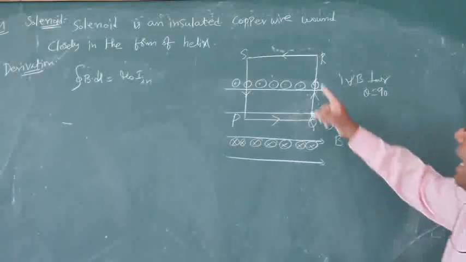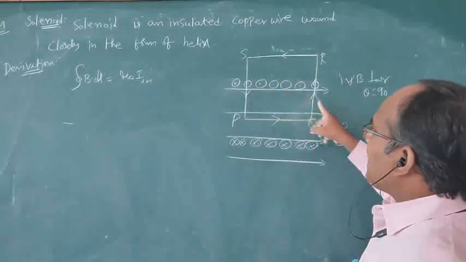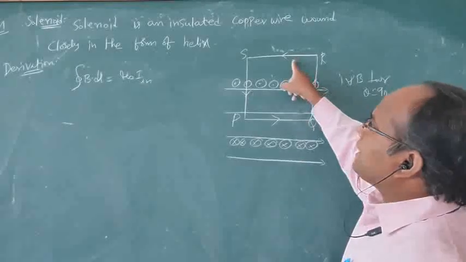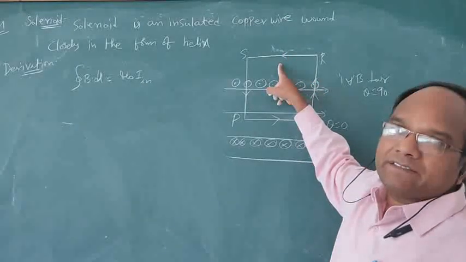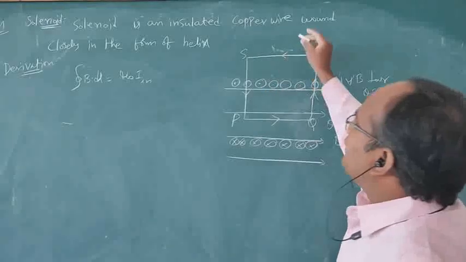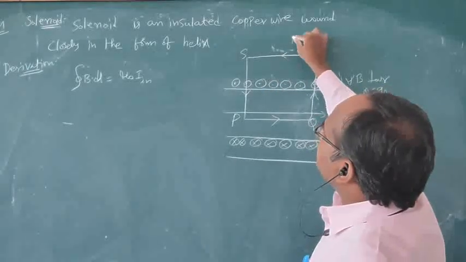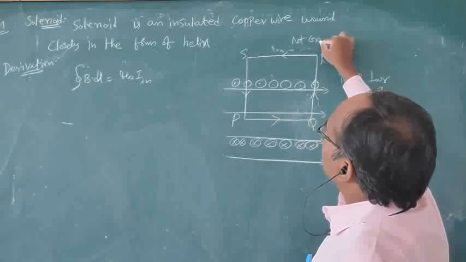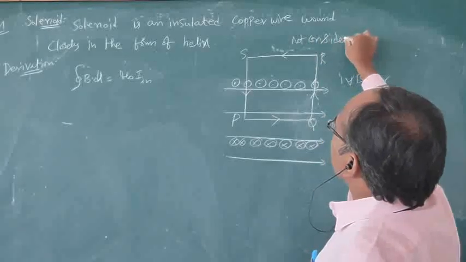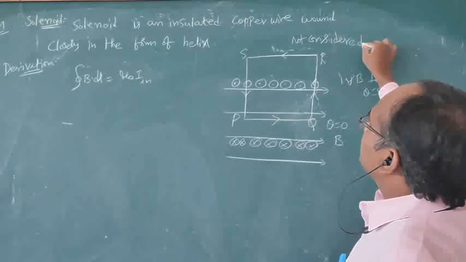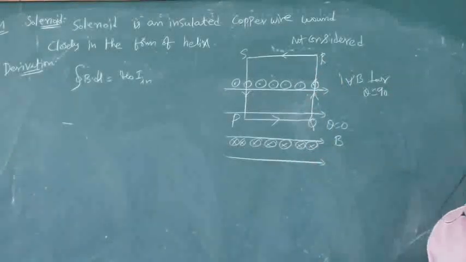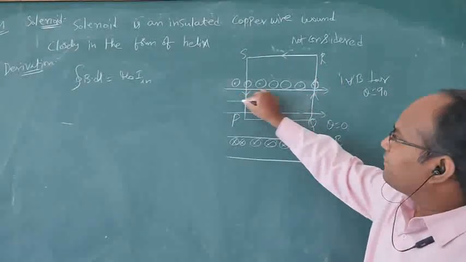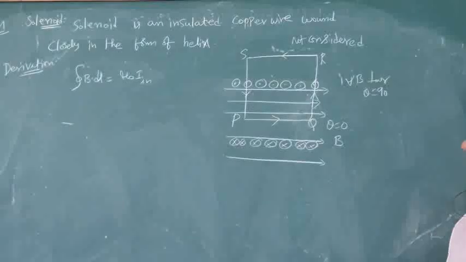Here the magnetic field is present, but the loop is outside. The wire is outside, therefore it is not considered at all. Why? Because it is outside the magnetic field.